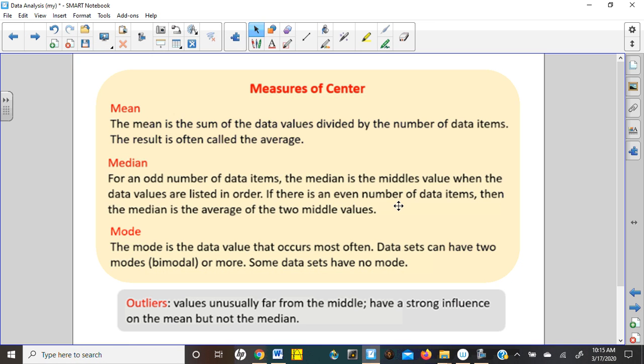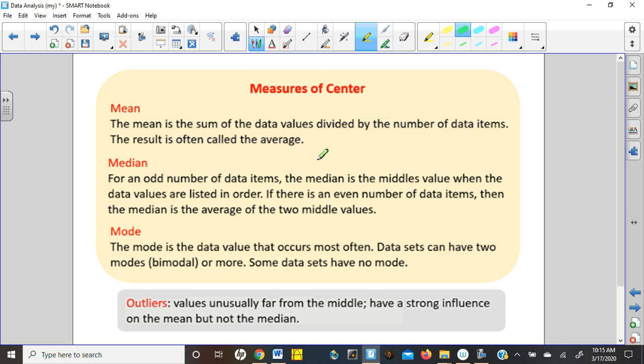Once again, these measures of center of a set of data are going to seem familiar to you. The mean is just the sum of all the data points divided by how many there are, right? So we're going to add them up, and we're going to divide by the number of items.